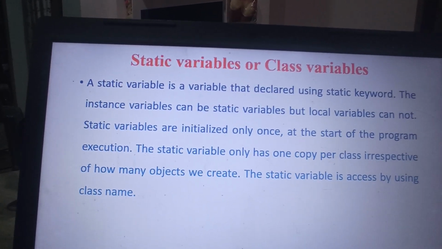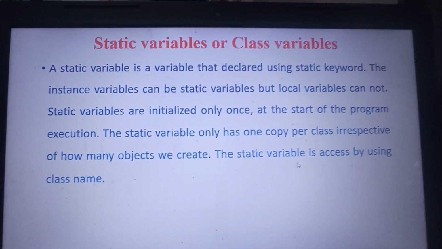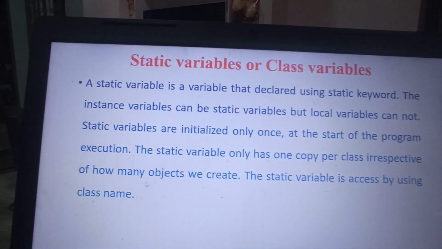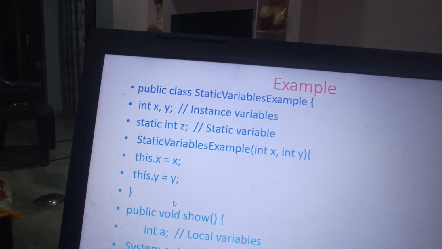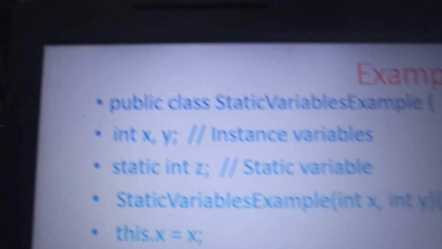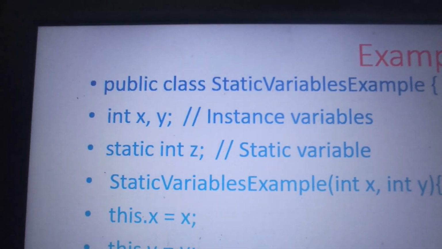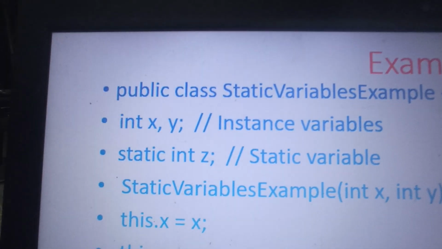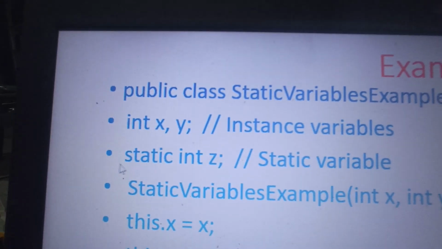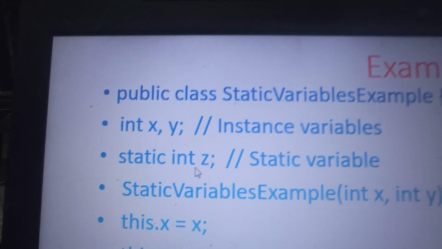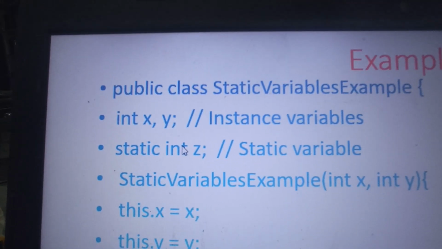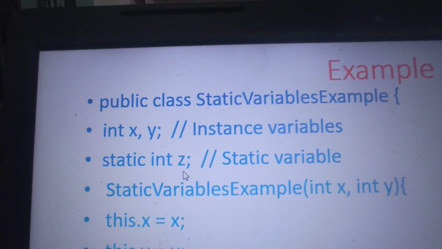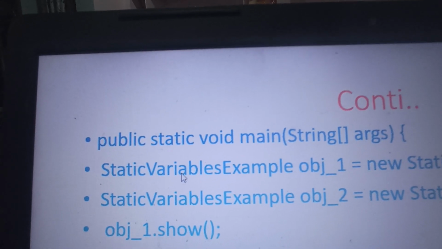And these static variables are accessed by class name. So please observe the example, then you will easily understand. In this case I am declaring an instance variable and a static variable also. How is the static variable declared? We use the keyword static followed by the data type and variable name. This is called a static variable. Now this static variable is accessed by using the class name.